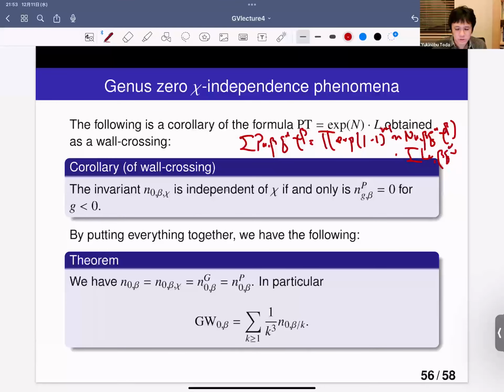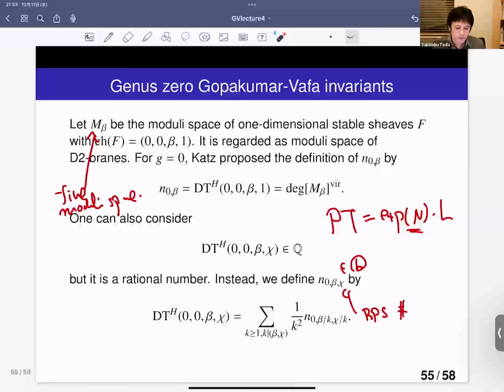This is the consequence of the Wall-crossing formula. But this part is just the generalized DT invariant, and we just substitute this multiple cover formula. So this is N_{β,χ}.